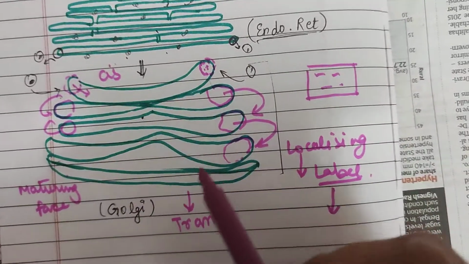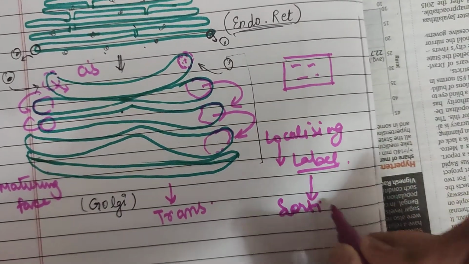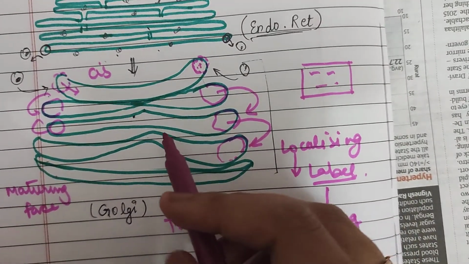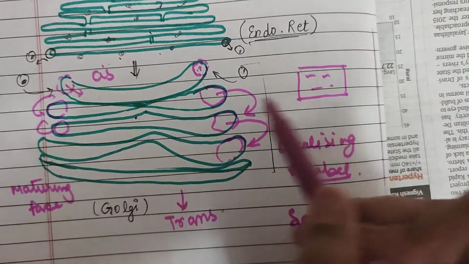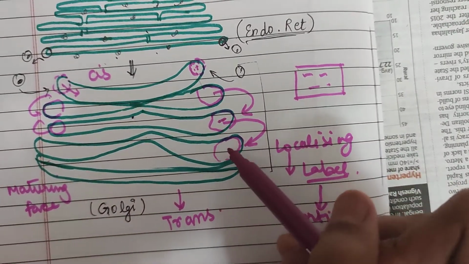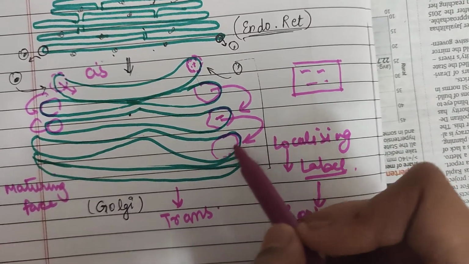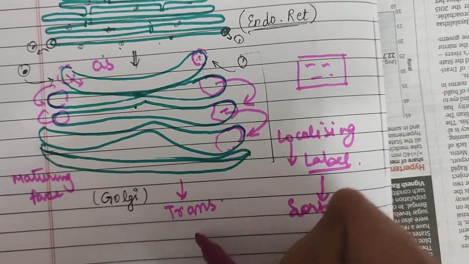This is called sorting, and this sorting part is done by the Golgi. The Golgi acts as the post office. The vesicles get merged with the body of the Golgi, and the protein is given out.